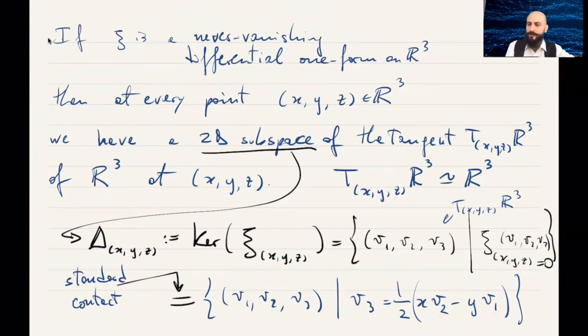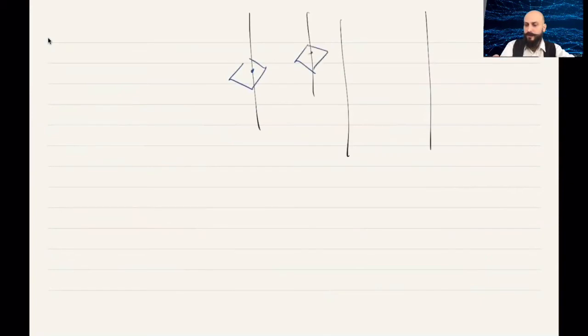Okay, so the picture one should have in mind is that you have the z-axis that is not in this plane field, and at every point you have a tangent plane whose rotation in space is changing according to the point X, Y, Z.